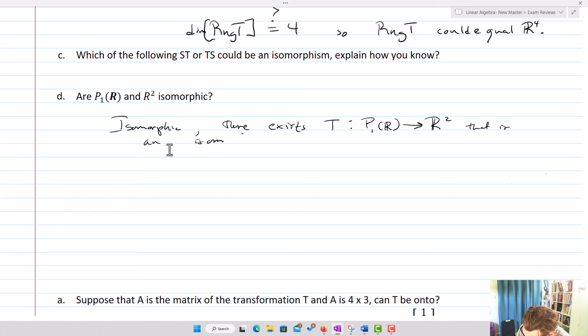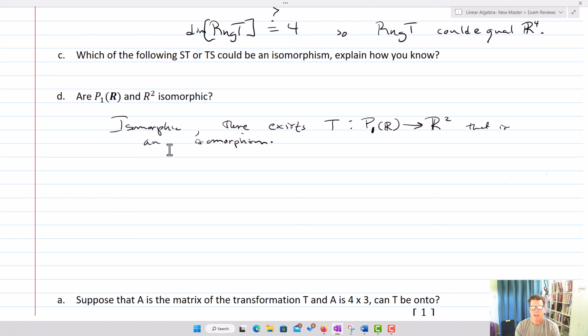So that's what it means to be isomorphic. Basically, if I can construct an isomorphism from P1(R) to R2, if I could find one that does that, then what I know is that the two spaces are in fact isomorphic.